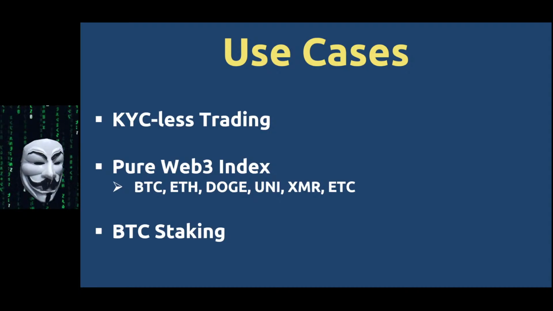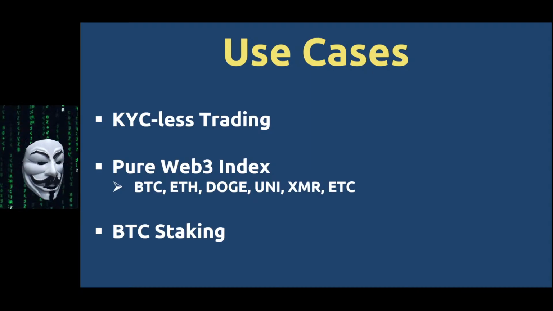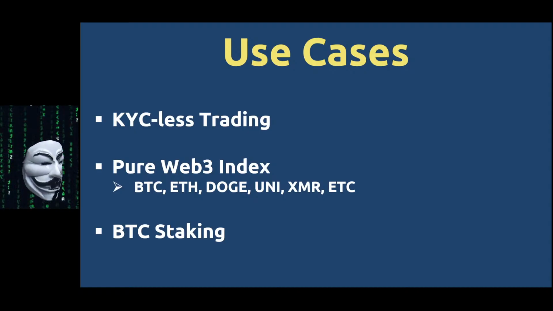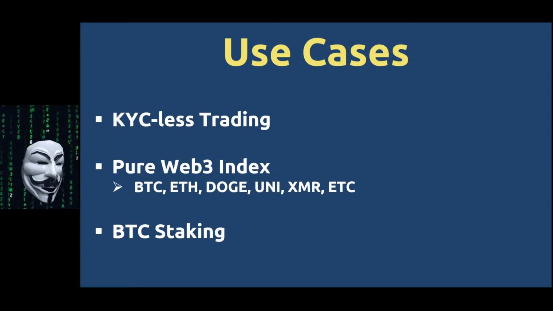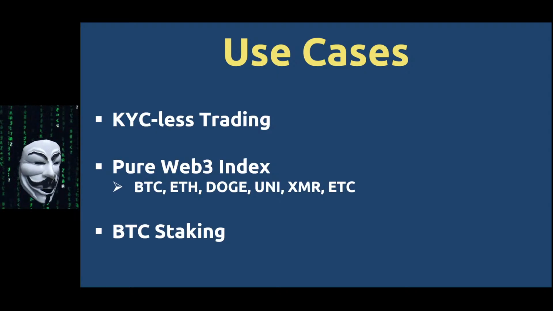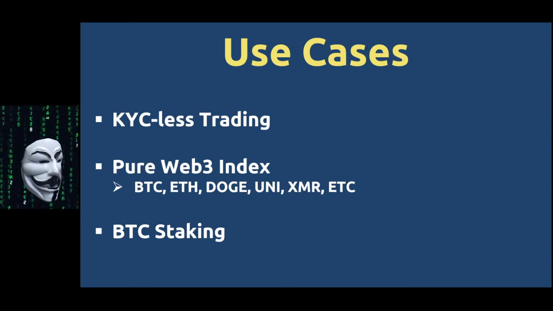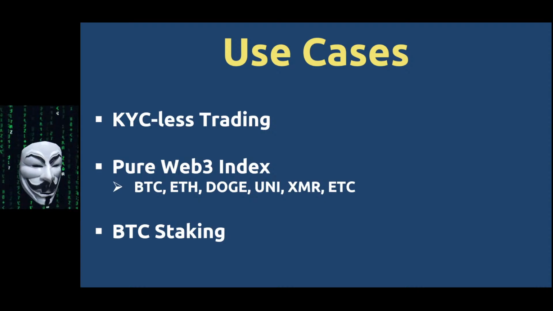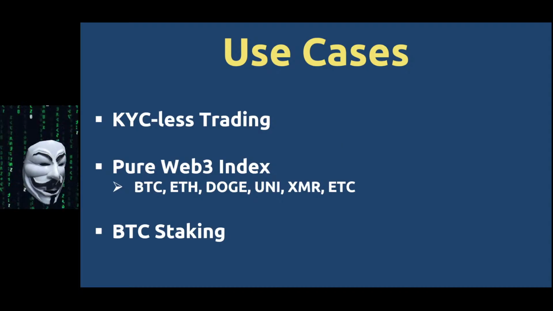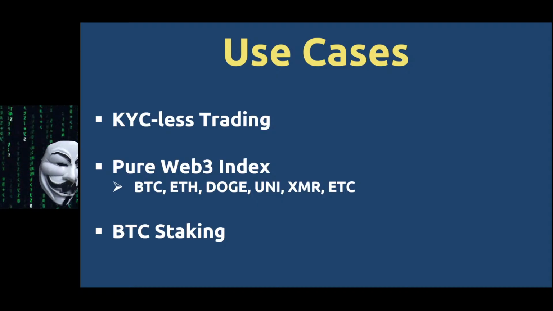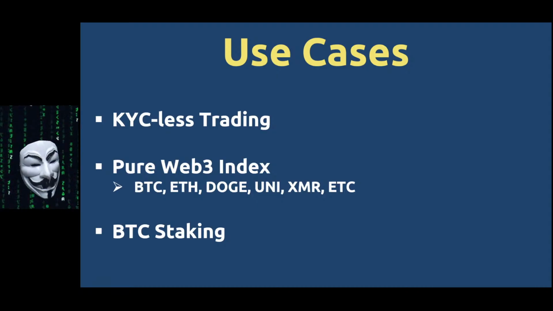Fundamentally total trash, such as XRP, for example, such as Link, such as Unus Leo, whatever that project is. So they're complete trash. So the idea, therefore, is: instead of CMC20, how about we create a pure Web3 index? We're just going to put pure Web3 projects in it, and we can call it Pure Web3 20 or Pure Web3 10, whatever. These projects may incorporate Bitcoin, Ethereum, Dogecoin, Uniswap, Monero, Ethereum Classic, etc.